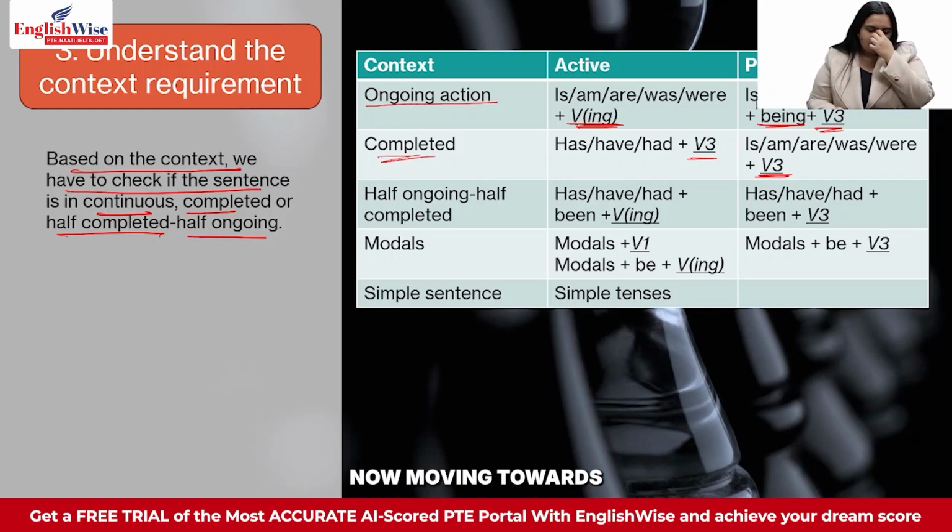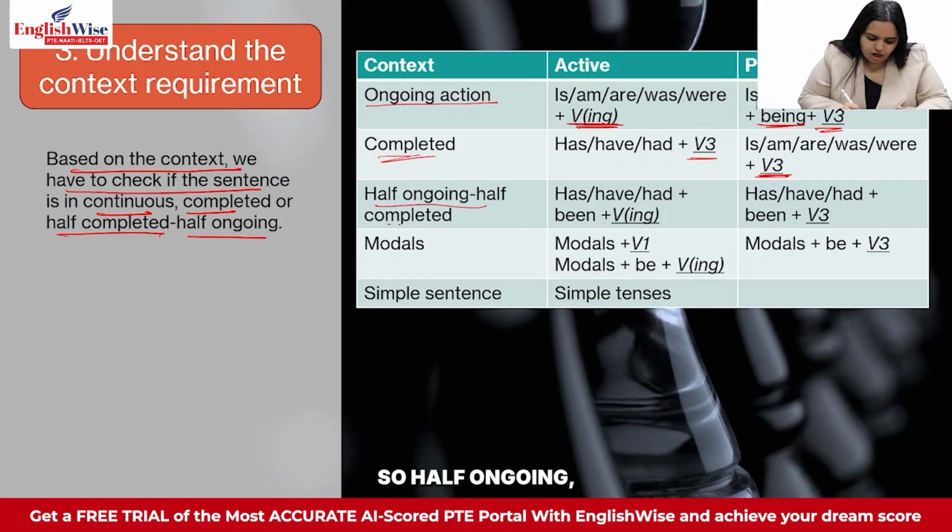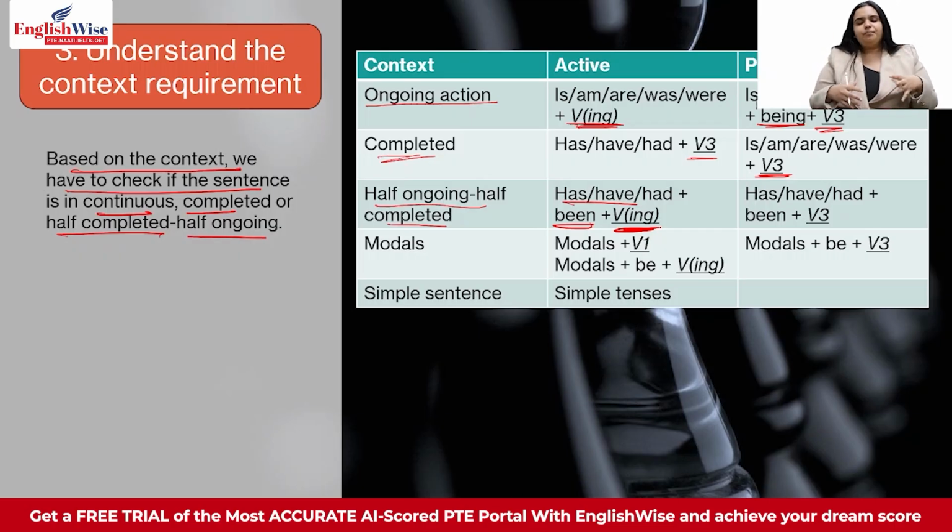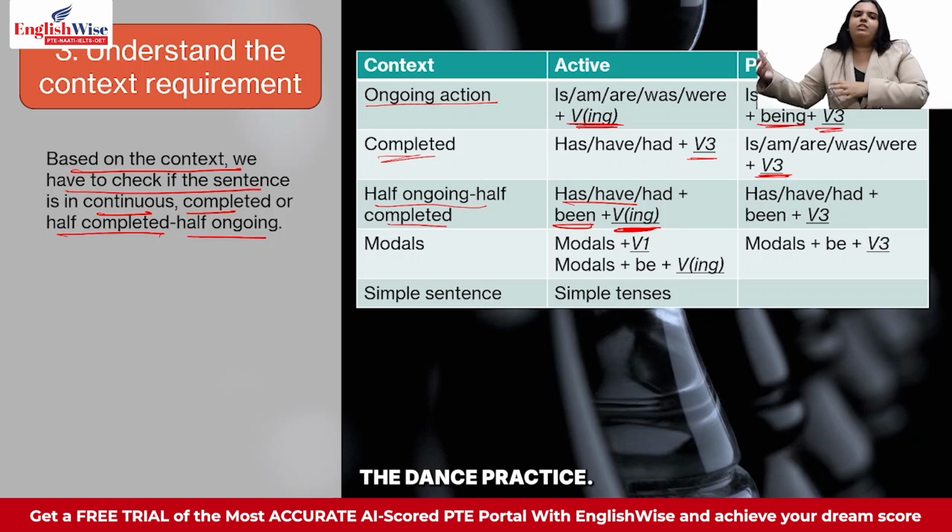Now moving towards cases where half the work is done and half of it is still being continued at a particular point. For half ongoing, half completed tenses, you will go with has, have, had plus been plus VING for active voice. Like when I went into the room, she had been completing the dance practice.